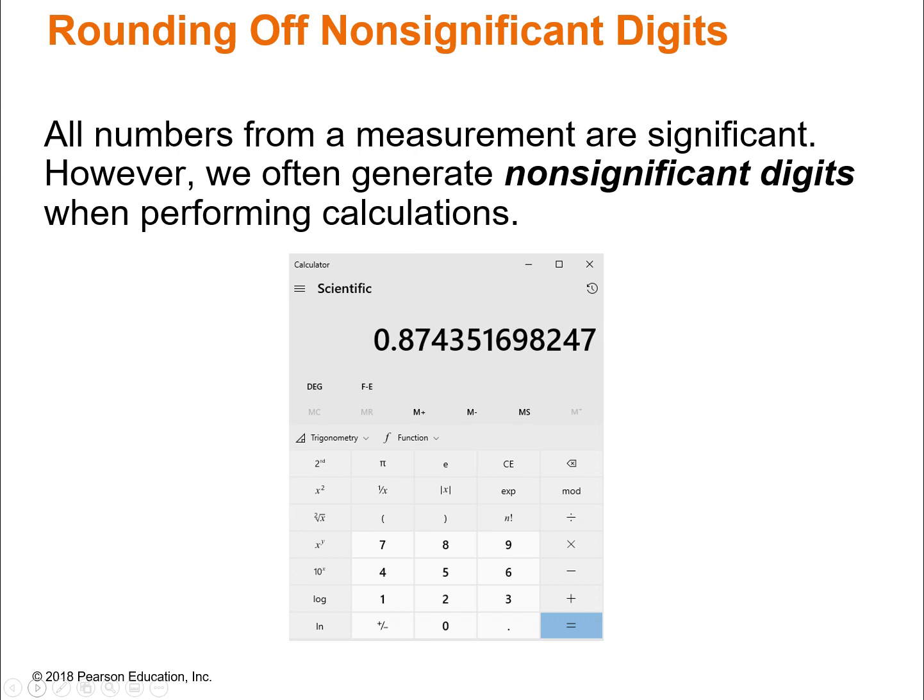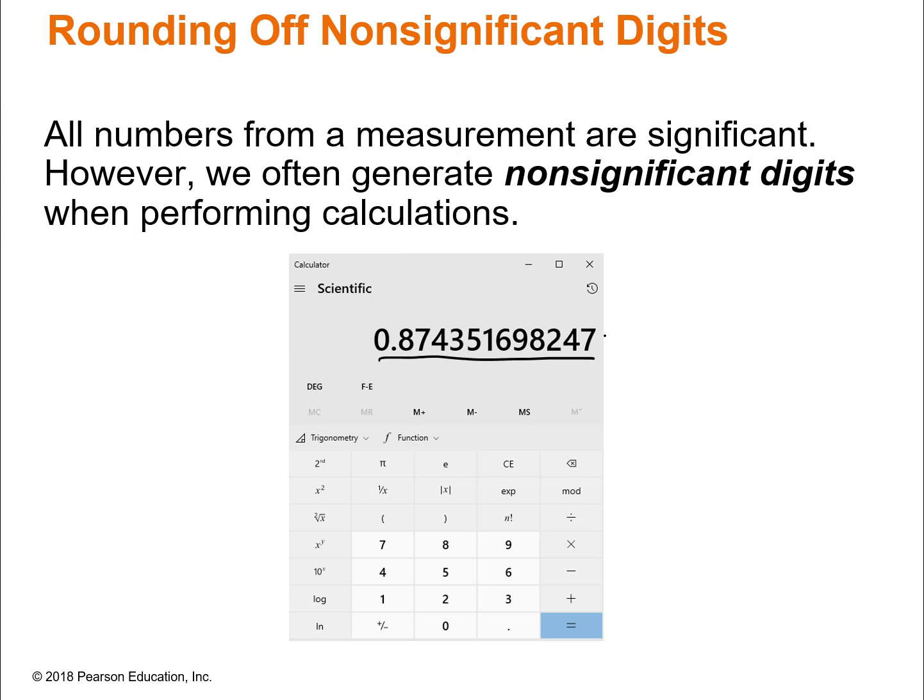Like I said before, we take measurements, but we don't just stop there. We do calculations. When we do those calculations, we generate a lot of non-significant digits. So let's say you're doing a calculation and you get this really long number. Don't give me this number. Now you can't see me, but I am emphatically pointing here.